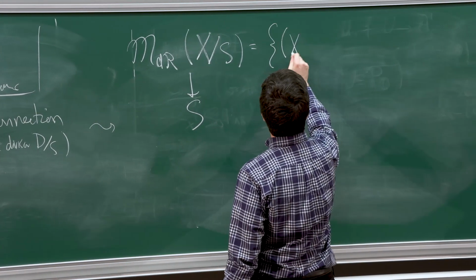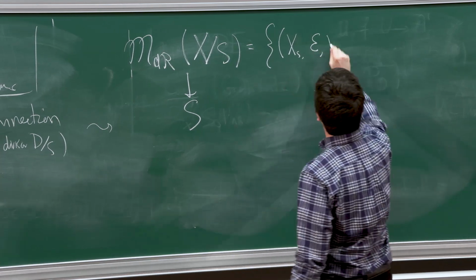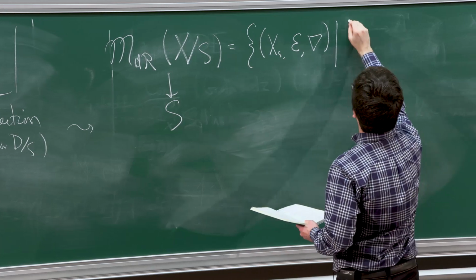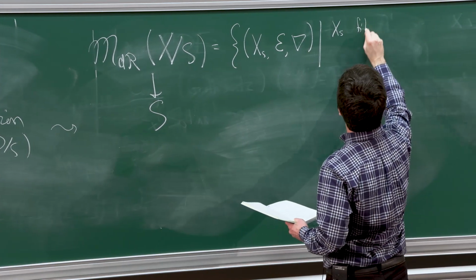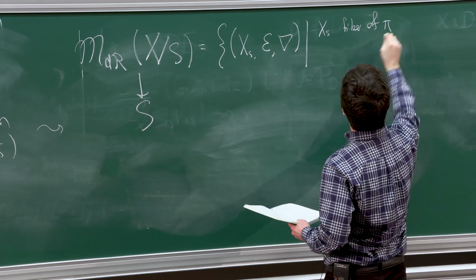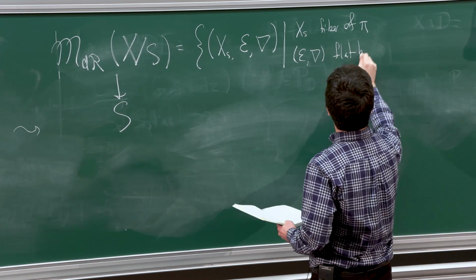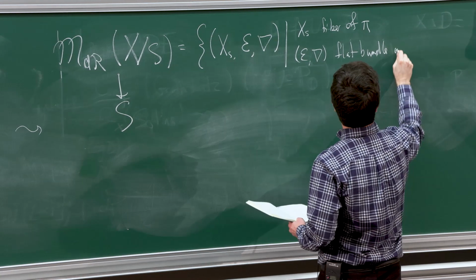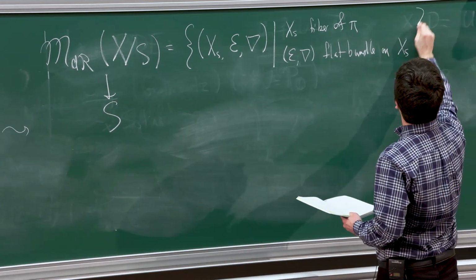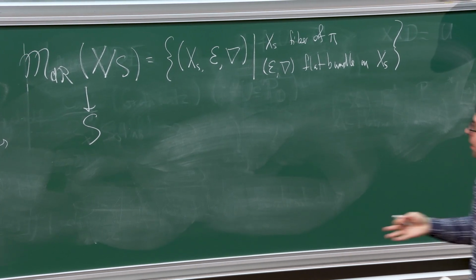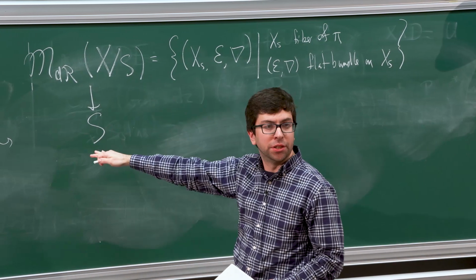It's triples (X_s, E, ∇), where X_s is a fiber of π, and (E, ∇) is a flat bundle on X_s. So this is some moduli stack. And I claim that this moduli stack carries a horizontal foliation over S.